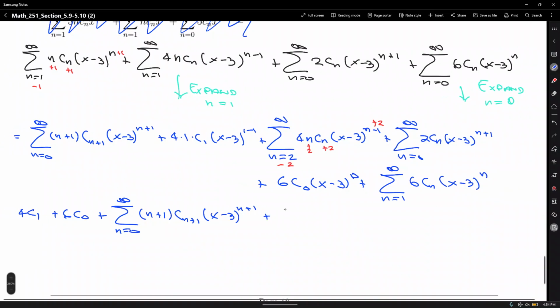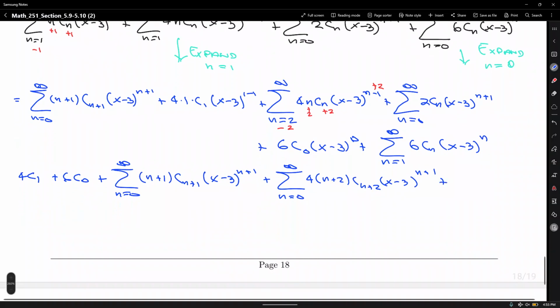So plus sigma n equals 0 to infinity of 4 times n plus 2 c sub n plus 2 x minus 3 to the n plus 1. All right? Plus the original series, the one with the largest power, n equals 0 to infinity 2 c sub n x minus 3 to the n plus 1.